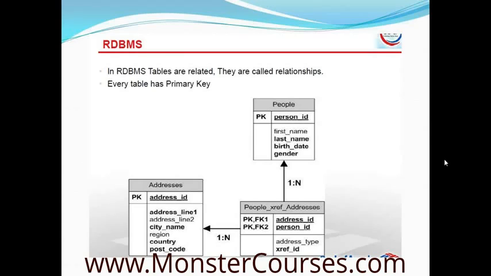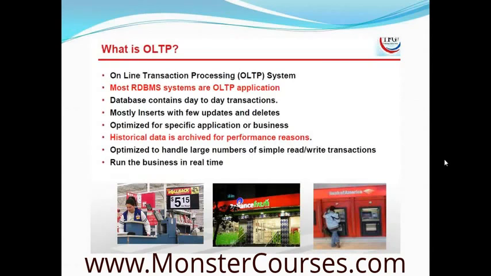Do you know what OLTP and OLAP are? No. OLTP is an online transaction processing system. For example, in banks, they store only something like 6 months of data in their system.